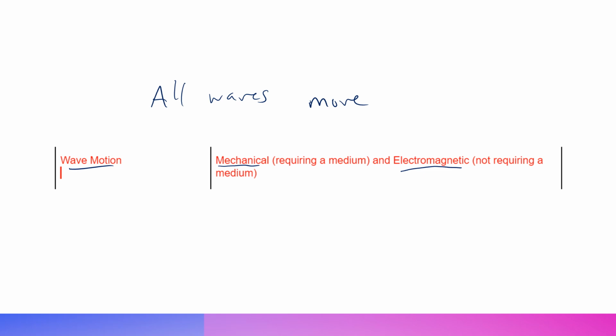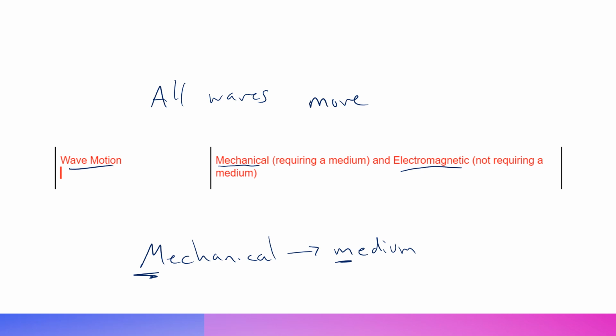The mechanical waves, I want you to remember that the word mechanical starts with an M, and I want you to remember that the word medium also starts with an M. And so that's easy for you to remember that all mechanical waves require a medium.